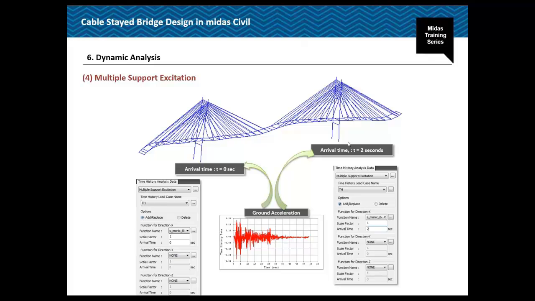The effect can be considered using the multiple support excitation function in here. So we can specify different functions, or we can specify different arrival times for each of the supports. But one limitation of this function is we cannot consider the nonlinear behavior of the member. So this will work with the linear time history analysis.